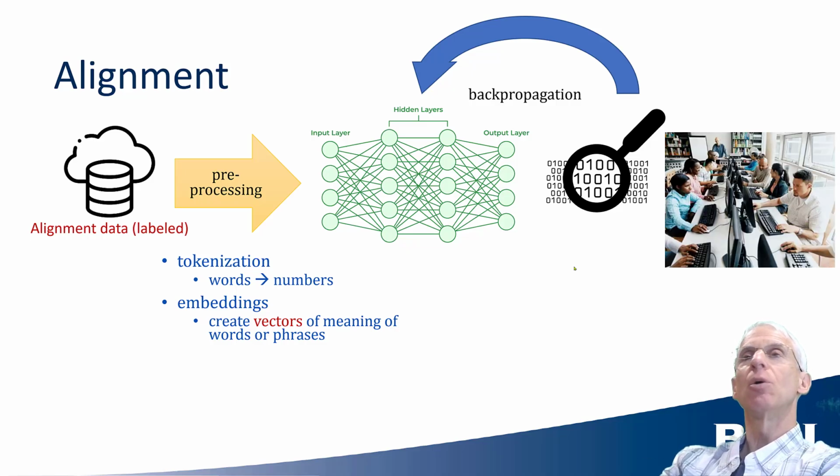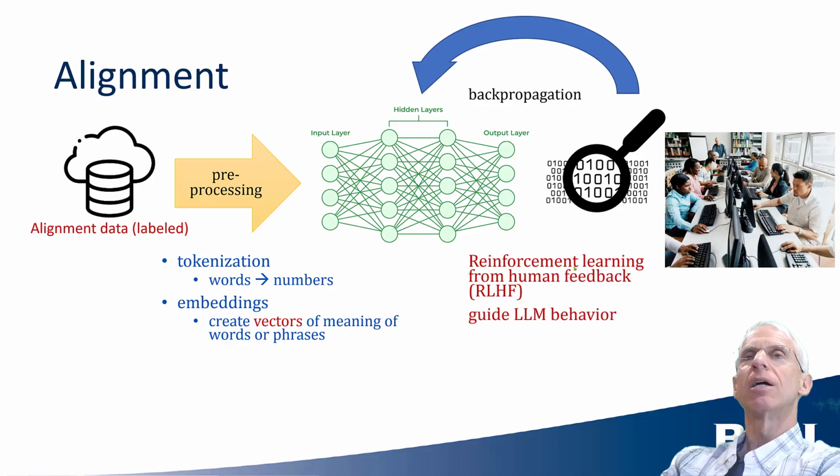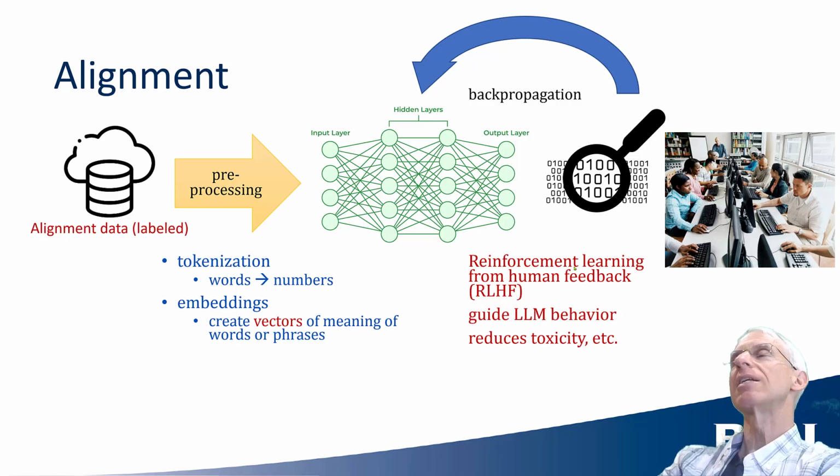This is called reinforcement learning from human feedback. These companies hire, I don't know how many, probably thousands of people to just sit there at the computer and indicate what's right and what's wrong about responses coming from the model. And that's used to align the model, to guide the large language model's behavior. It reduces things like toxicity.